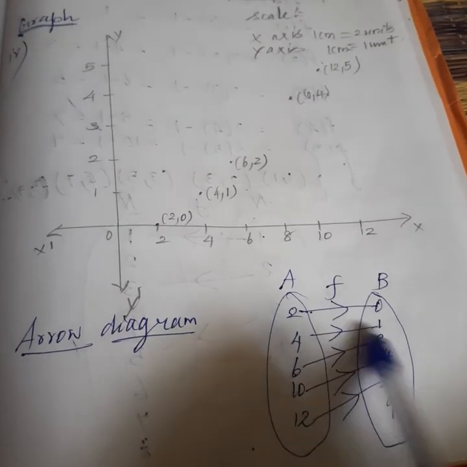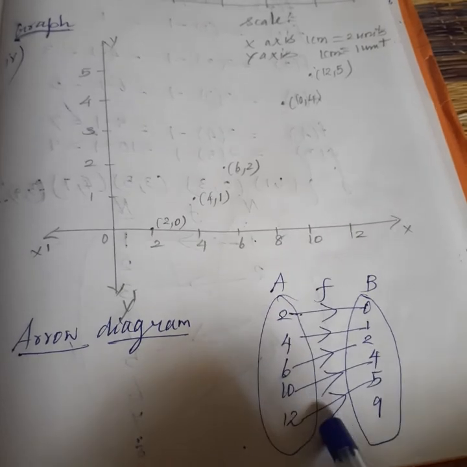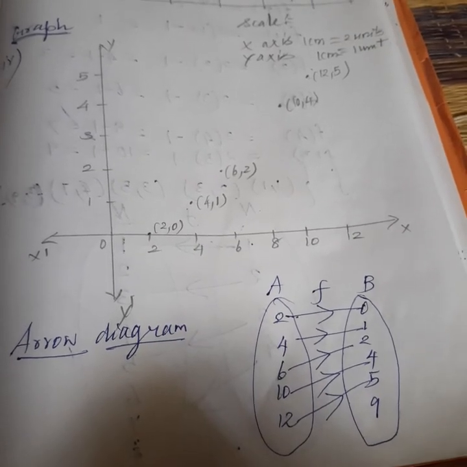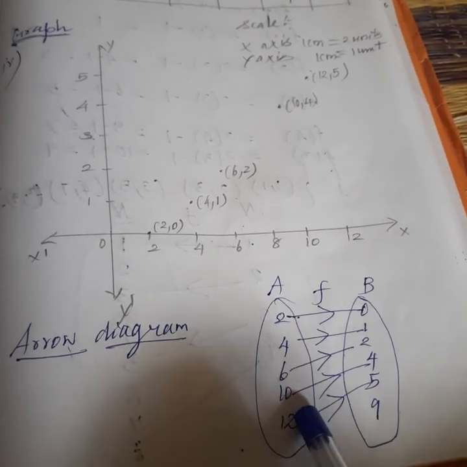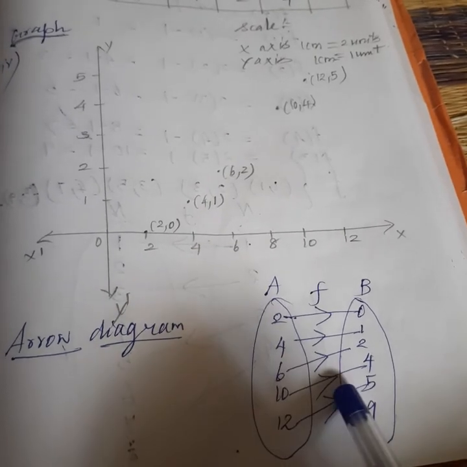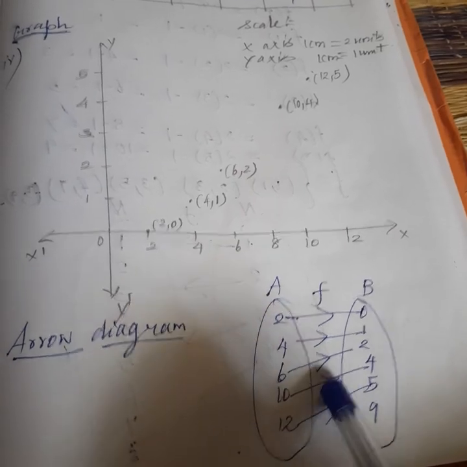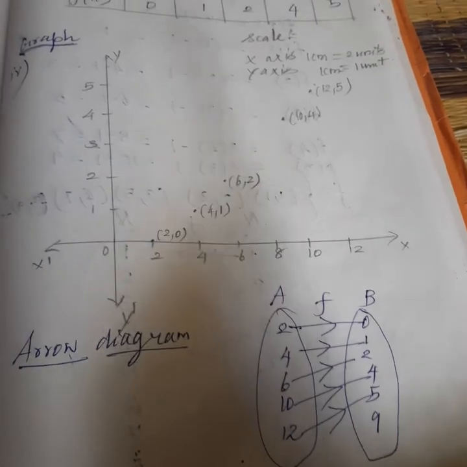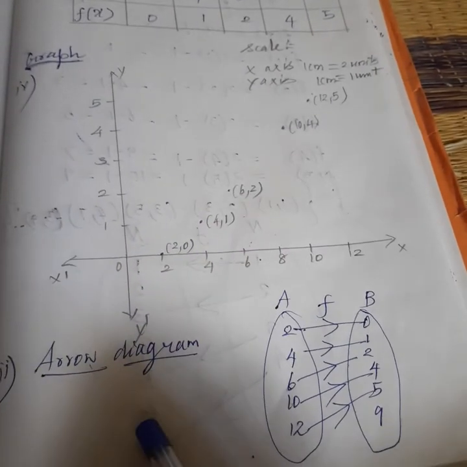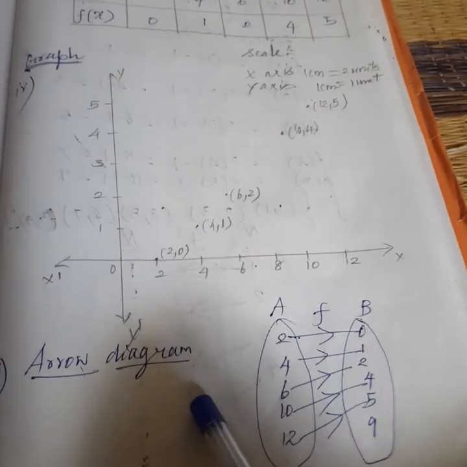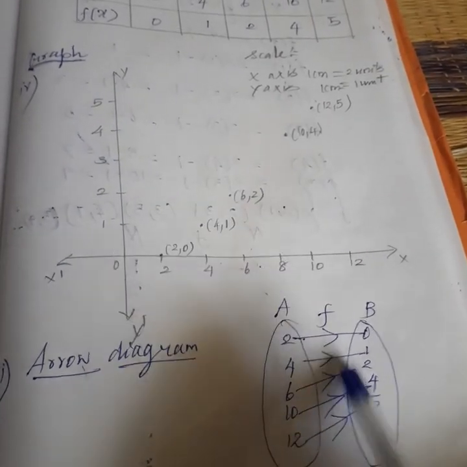Now seeing this arrow diagram, what type of function is it? Tell me. It is a one-one function. Different elements have different images in your codomain. This is a one-one function. Do you understand? It is not required that you specify this here. Just for your understanding sake, I am asking what type of function.